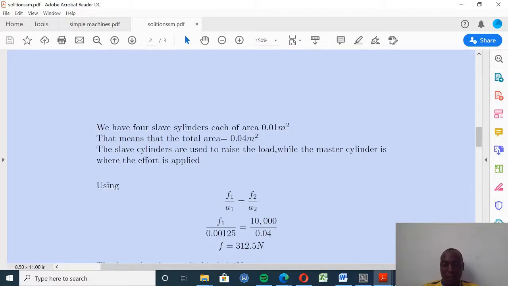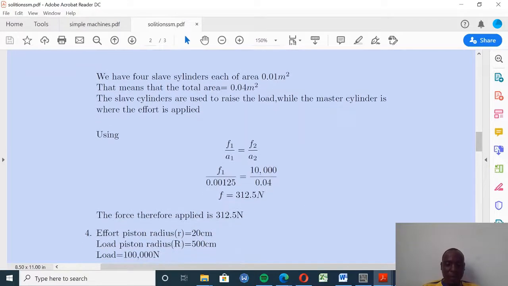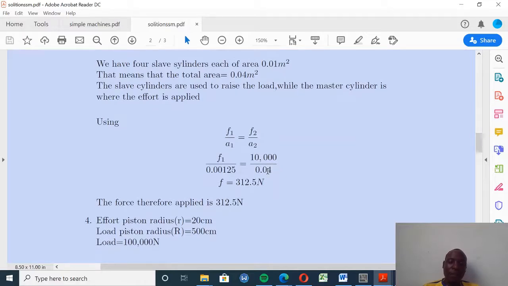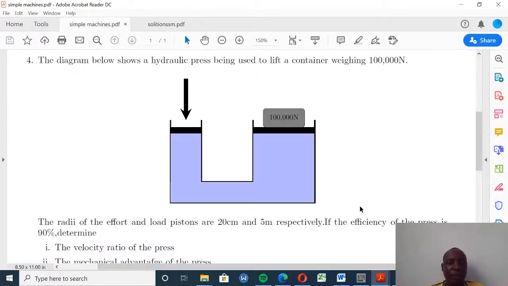If you manipulate using our calculators, we find that our answer becomes 312.5 newtons.